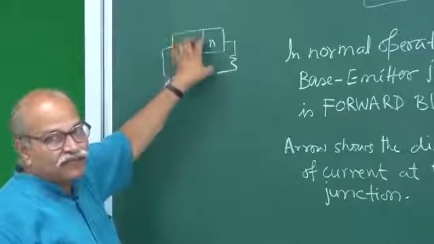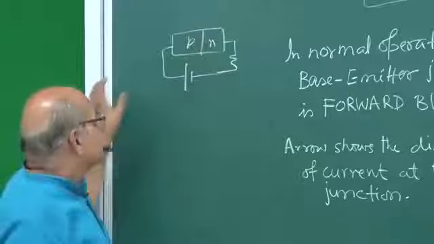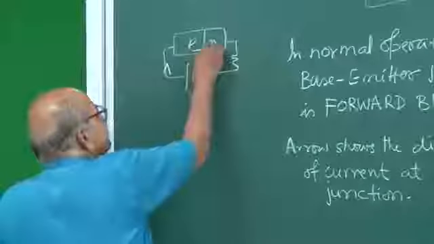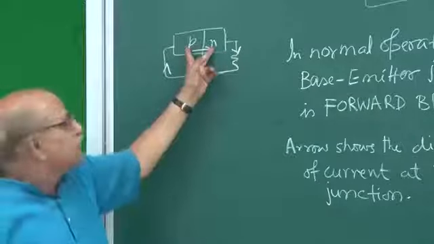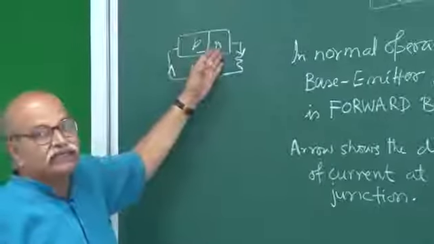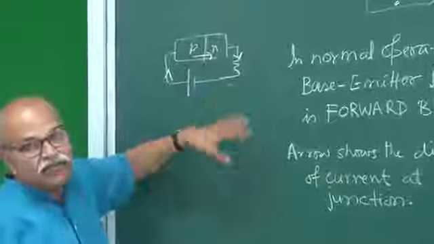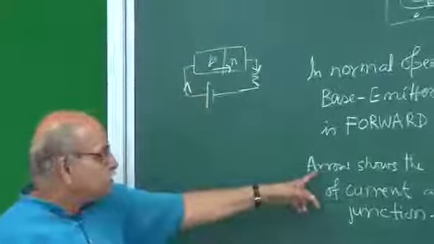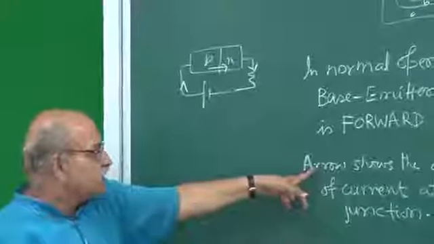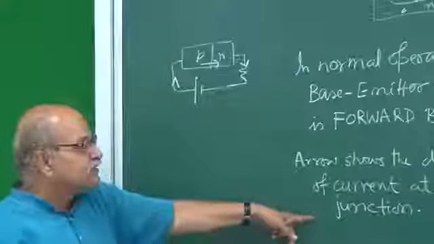This is forward biasing. And how does the current flow? The current flows like this. Inside this junction, the current goes from P side to N side in forward biasing. Reverse biasing, opposite. So this arrow on the symbol of the transistor shows the direction of current at this junction.